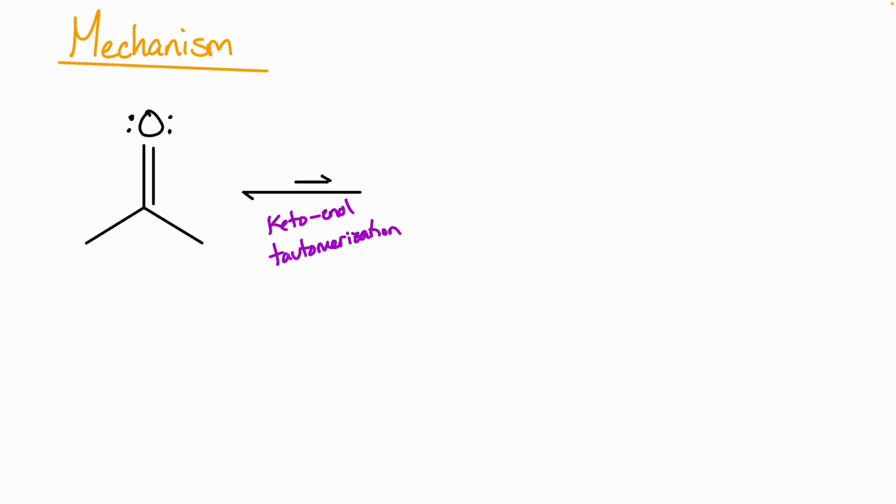So the ketone reacts with that halogen, but it actually first forms our enol, and our enol is what reacts with that halogen.